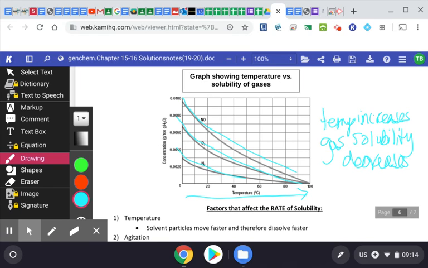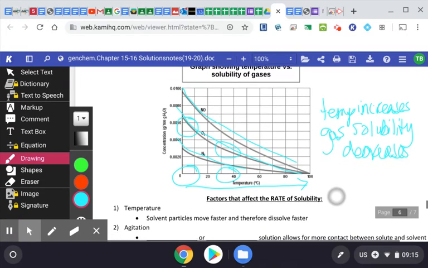Now, this has a direct effect on fish in water. As the temperature is colder, let's say from 0 to 10 degrees Celsius, you can hold more oxygen in water. But as that water gets warmer, say 30 to 40 degrees Celsius, it holds less oxygen in the water. Fish in warm water then need less oxygen. Fish in cold water need more oxygen. So the temperature of the water really has an effect on what type of fish you can have in the water.